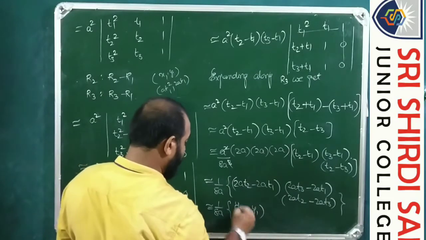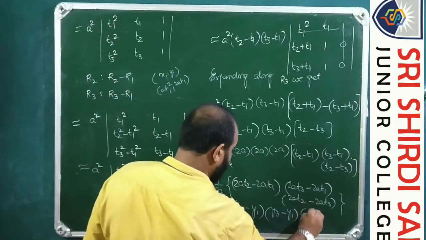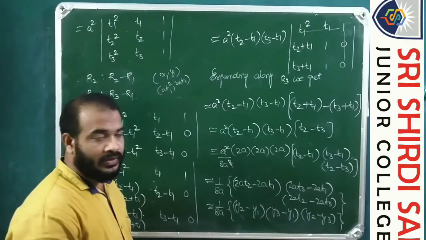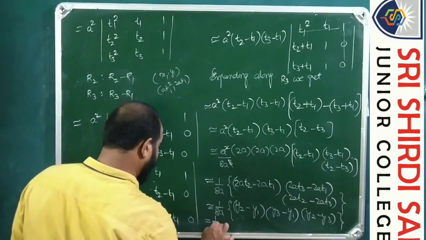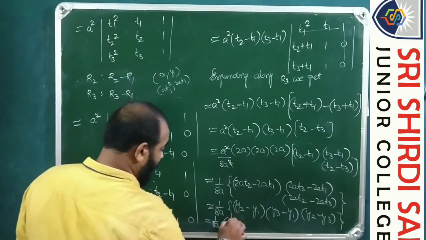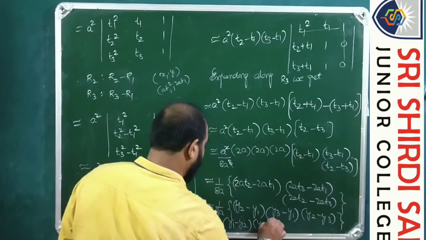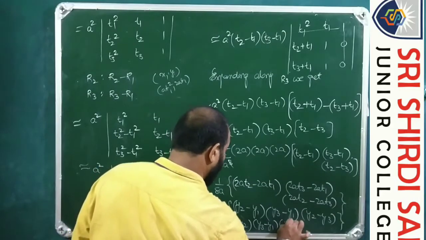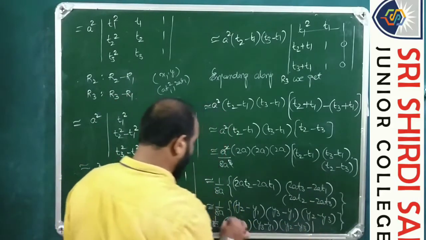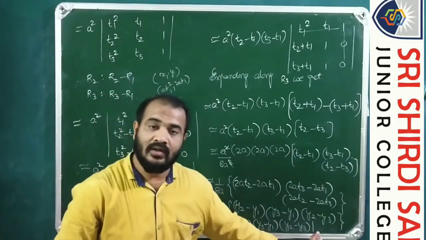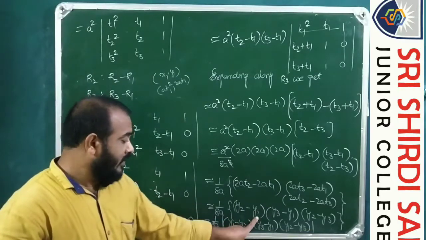So this is y1, this is y3 minus y1, this is y2 minus y3. Therefore area is always positive. This can be written as 1 by 8A into y1 minus y2 also, into y3 minus y1 into y2 minus y3, which is what we are supposed to prove, in modulus, because area is always positive. Therefore y2 minus y1 can be written as y1 minus y2 also.